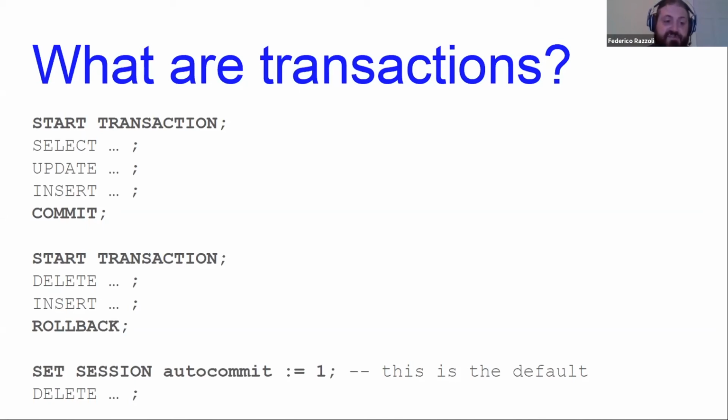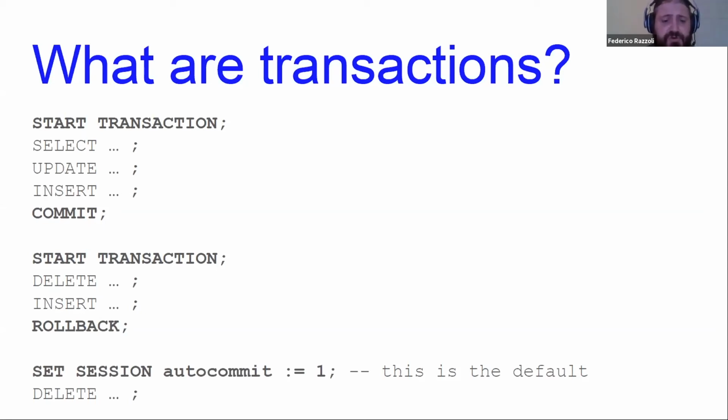But in some cases, probably some error, of course not on the database side, but related to the logic of the application, some anomaly, I can decide to roll back the transaction instead. So all the changes I've made will be undone.